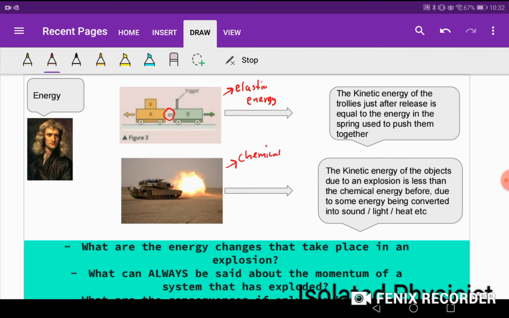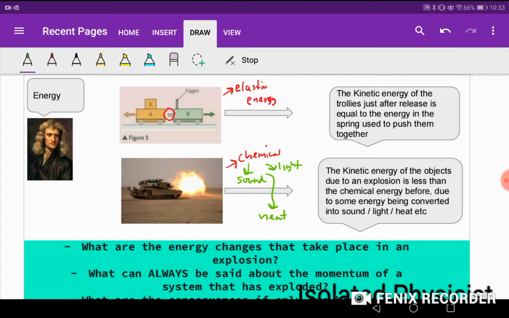If we're using chemical energy as our initial store, the kinetic energy of the objects due to the explosion is obviously going to be less than the initial chemical energy, because we're going to have things like sound, light, and heat given out as well, but there isn't too much of that in the trolley example.